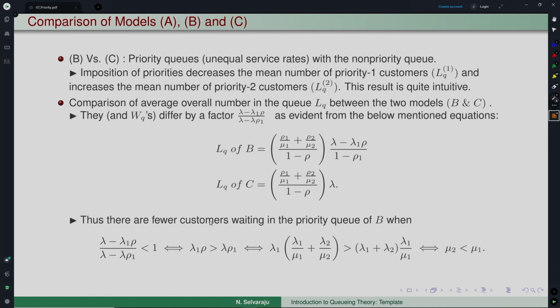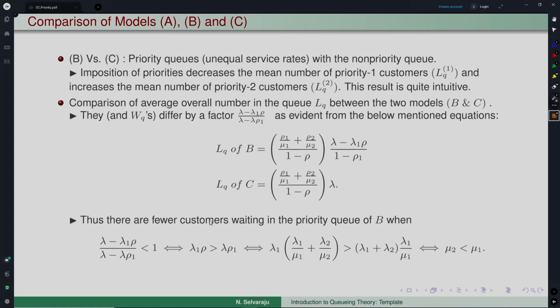What will happen to the higher priority customer and lower priority customer in the priority model vis-a-vis the non-priority model is intuitive. You can still measure how much is the question, that is an additional thing. But what will happen to overall is not intuitive.